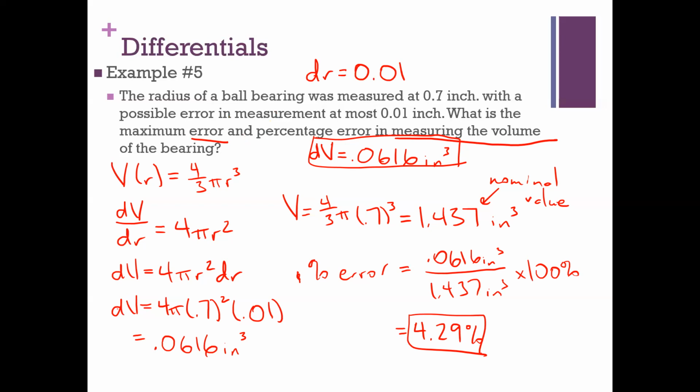And the 0.0616 is the resulting error for volume based on the radius error. I don't want to say equivalent, I'll say resulting. Okay. And that comes from this relationship here, or either one of these.